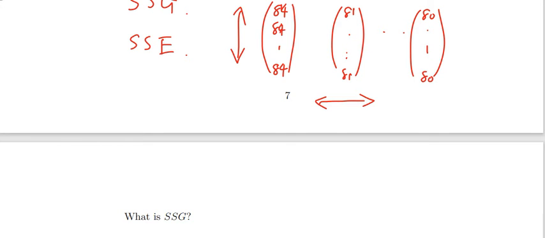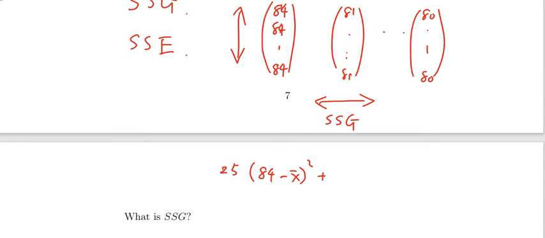So SSG is the SST for such data. We can say SSG equals each one minus the average, squared. So 84 minus the average, squared, plus another 84, and so on. How many 84s? We said 25 of them, right?